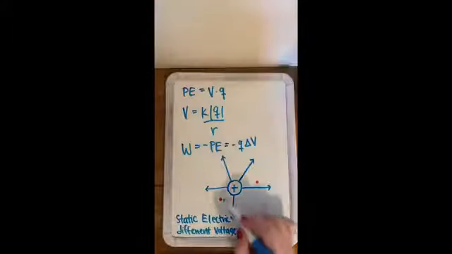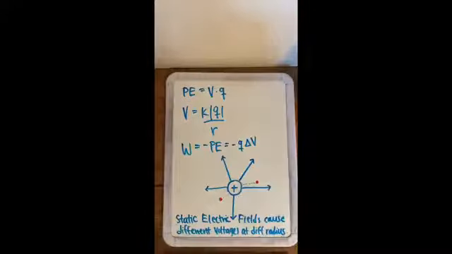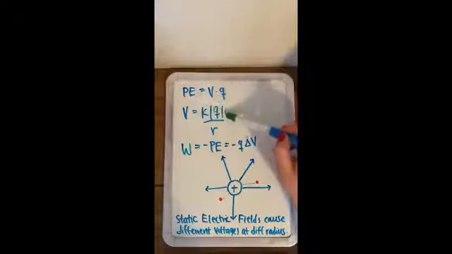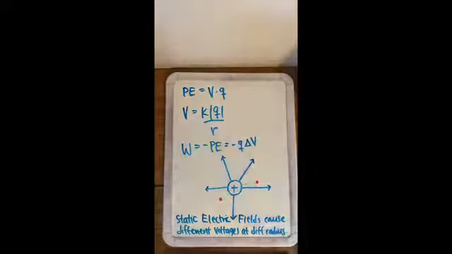Because these points have different radiuses to that point charge, we can say that this static electric field causes different voltages at these 2 points, because we know that voltage is equal to charge over the radius, and the only thing that's changing is this radius.